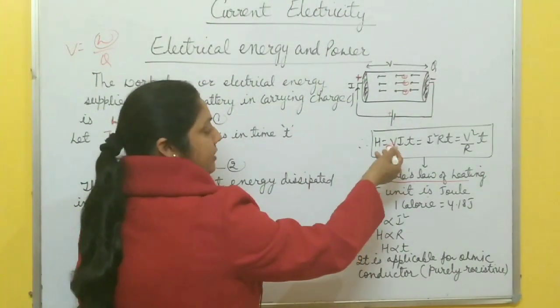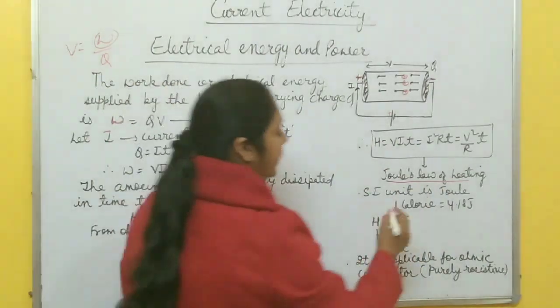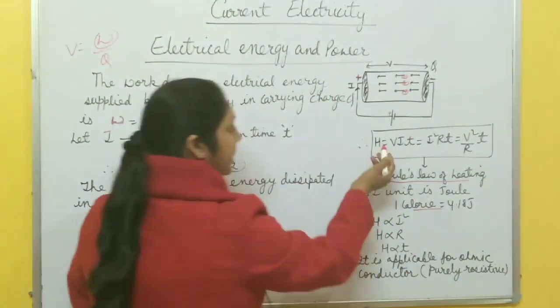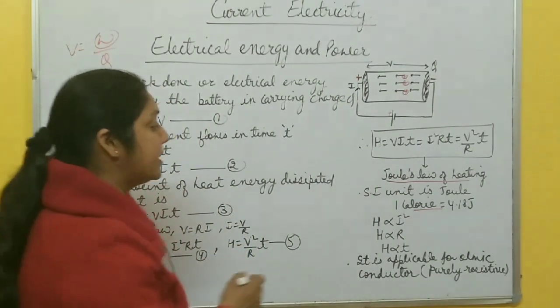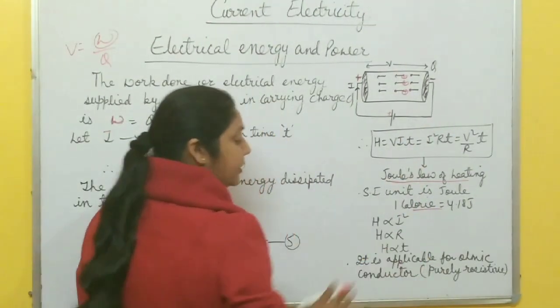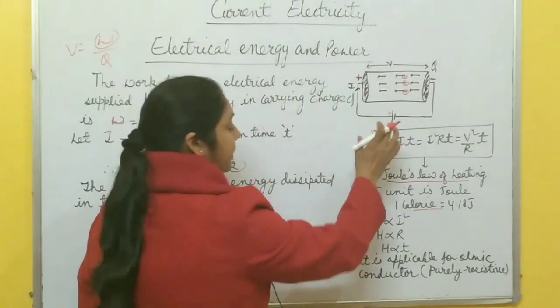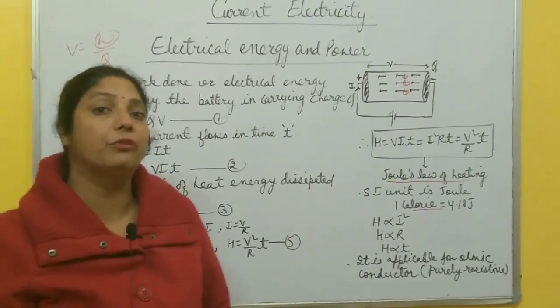The SI unit of this heat energy is also joule, and 1 calorie is equal to 4.18 joule. The heat energy dissipated inside the conductor is directly proportional to I square, R and t. This applies only to an ohmic conductor.